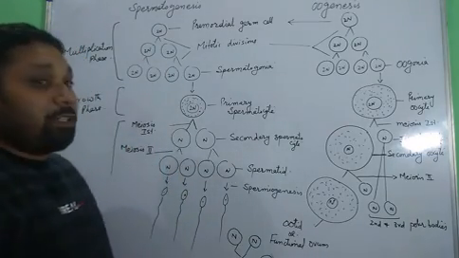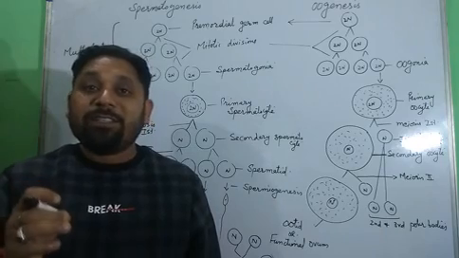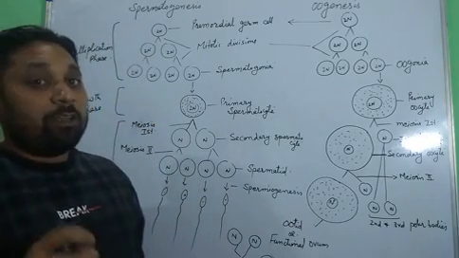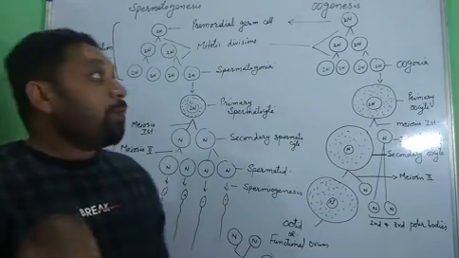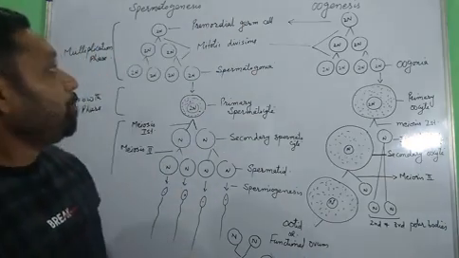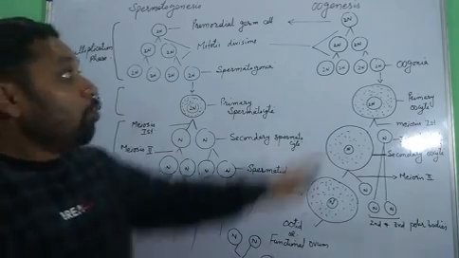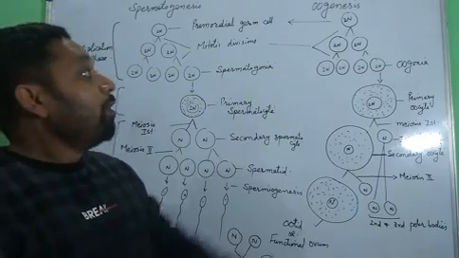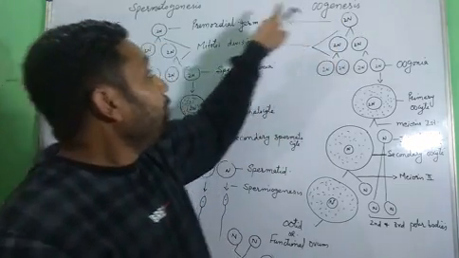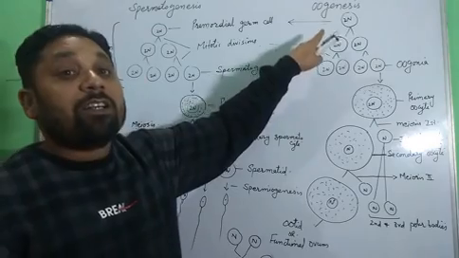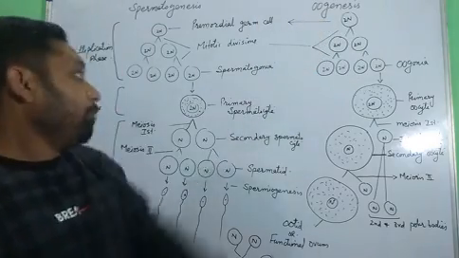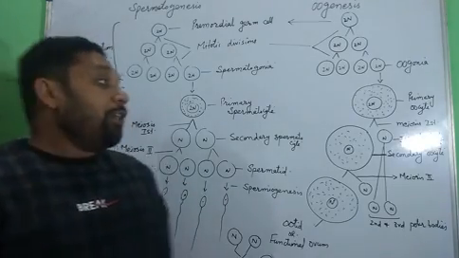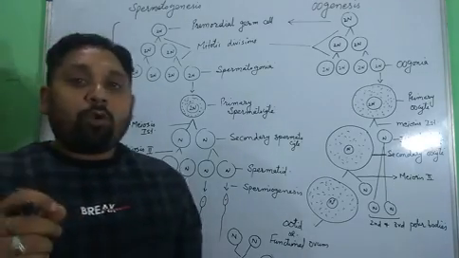Spermatogenesis is the process of formation of the haploid male gamete, that is sperm, from the diploid primordial germ cell, whereas oogenesis involves the formation of haploid ovum from the diploid primordial germ cell or the egg mother cell.